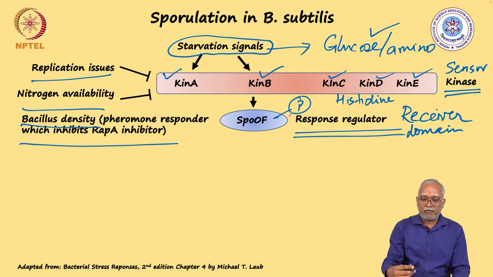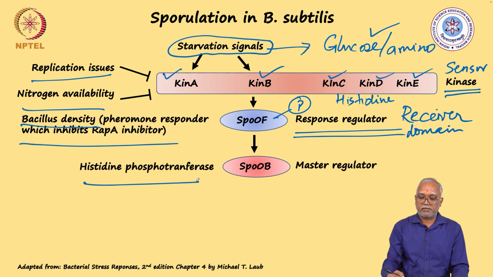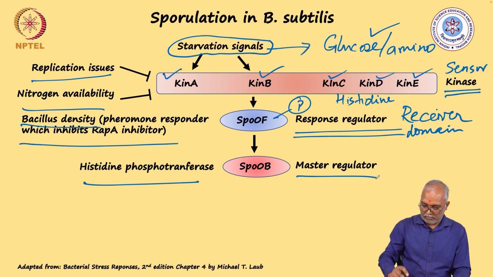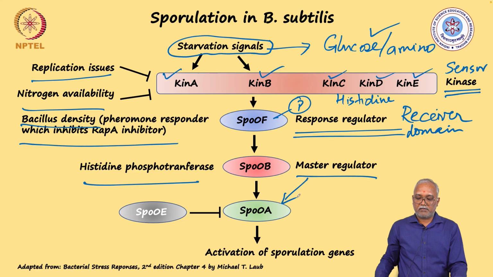To move the signaling forward, you will need something which has the histidine moiety. So this is where you have histidine phosphotransferase. And this histidine phosphotransferase cannot be the master regulator. However, this Spo0A is the master regulator.